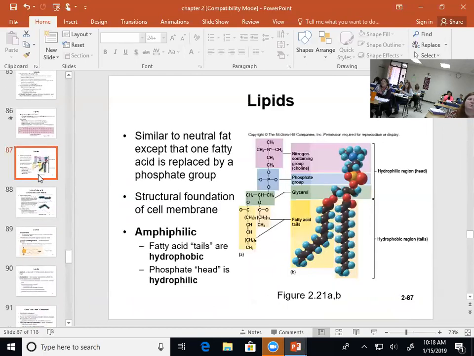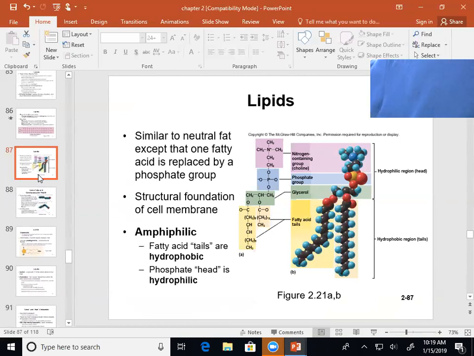Yeah, you could see that little oil drop in water. Why? Because the oil doesn't like what? The water, and it won't mix. It's hydrophobic, isn't it? Those little tails are hydrophobic, and when the phospholipids line up like that, they're keeping the outside water out and the inside water in of a cell.